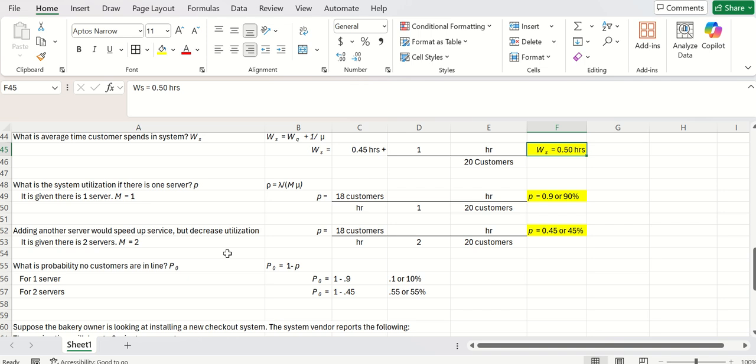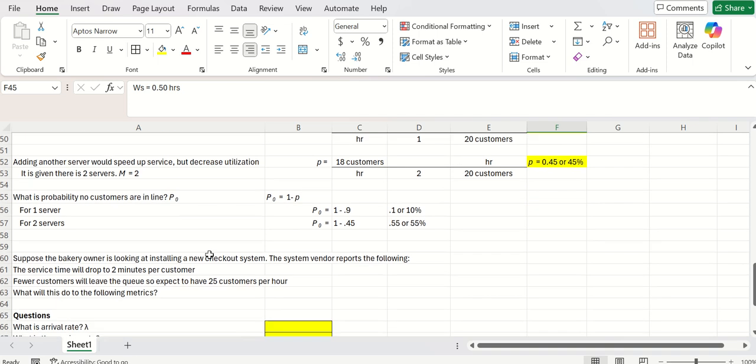Now what I want you to do is to think about this from a baker's perspective. If a vendor comes in and says, we could put in a new system to speed up your checkout, and what will happen is that we will be able to drop your service time from 3 minutes down to 2 minutes, okay?